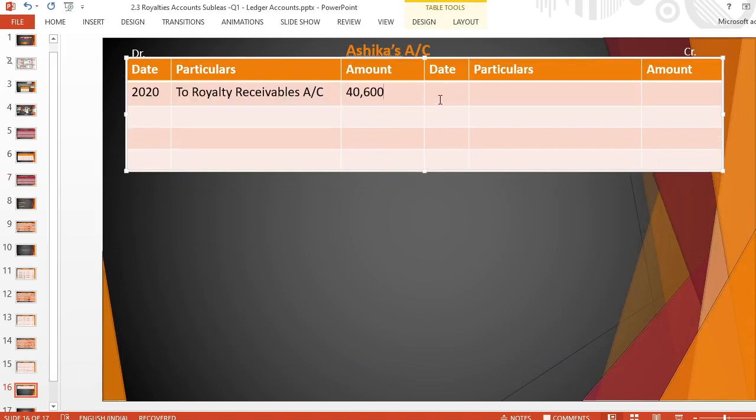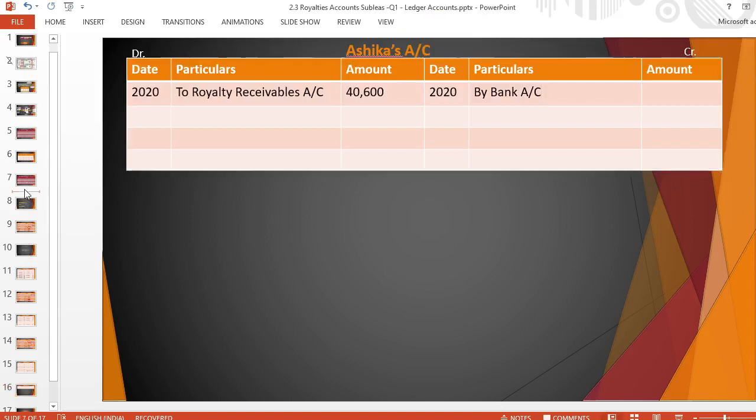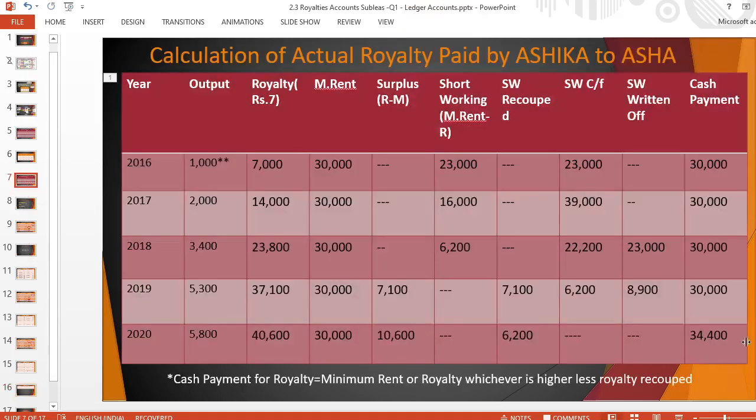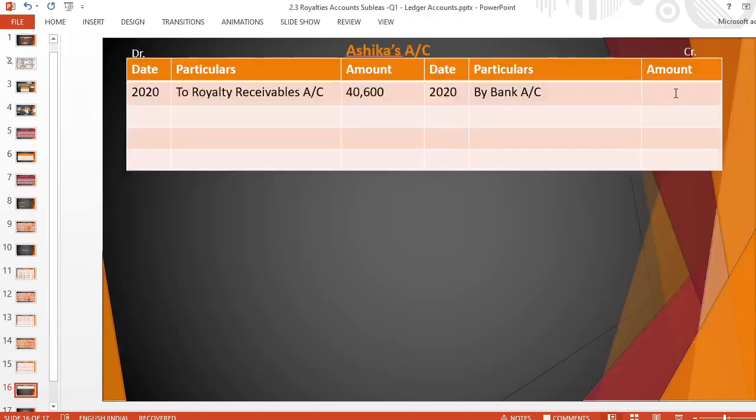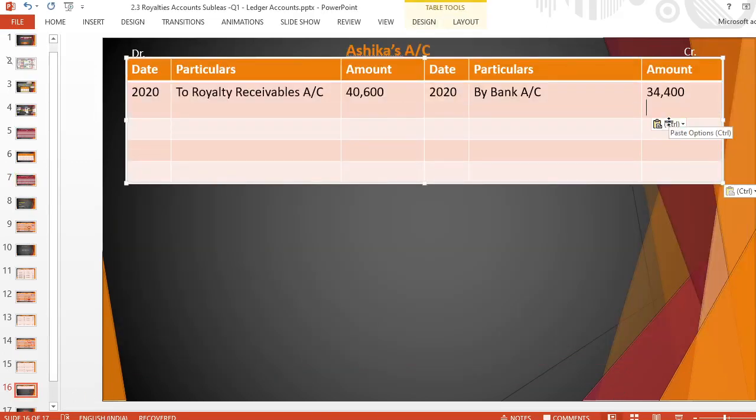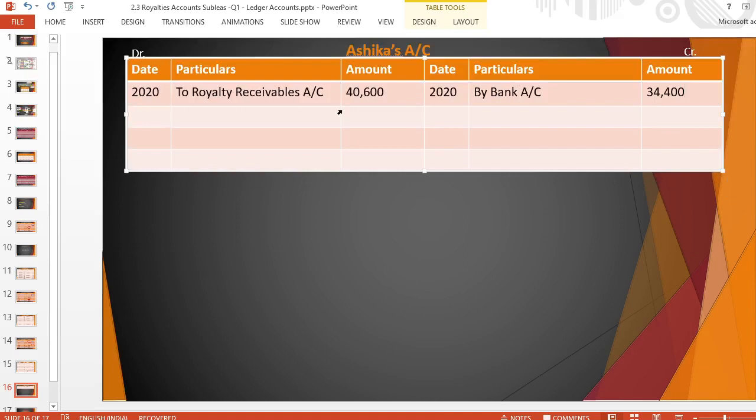And I should record the final payment for 2020 by bank account. So here the amount received in the year 2020 is 34,400. You can identify the difference.